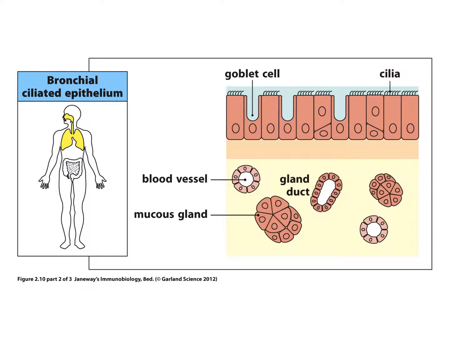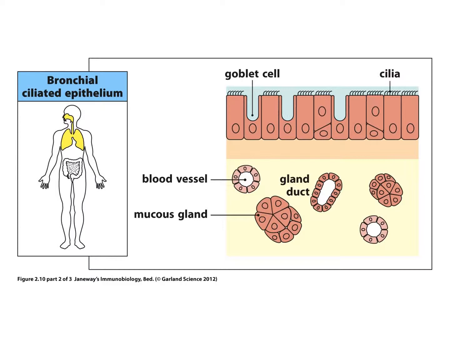Side note, the reason why many people with cystic fibrosis have such issues is because these mucus glands produce the mucus, the goblet cells produce the mucus as they should, but the secretions are missing certain components.